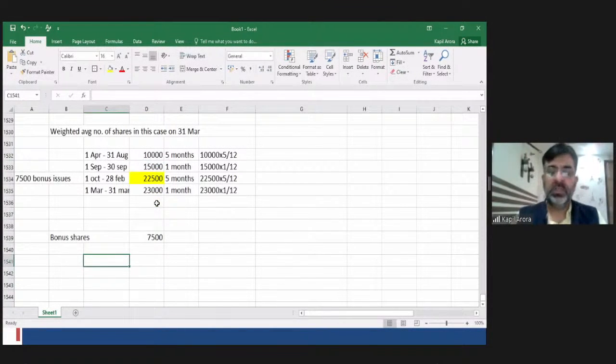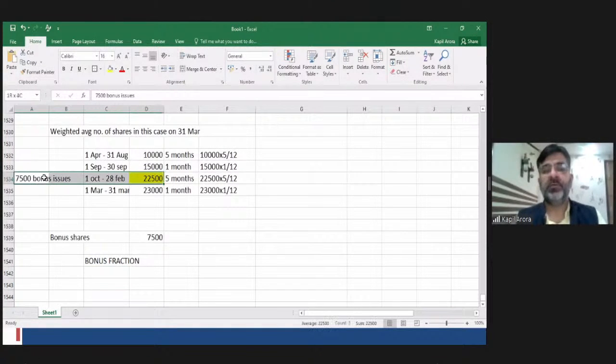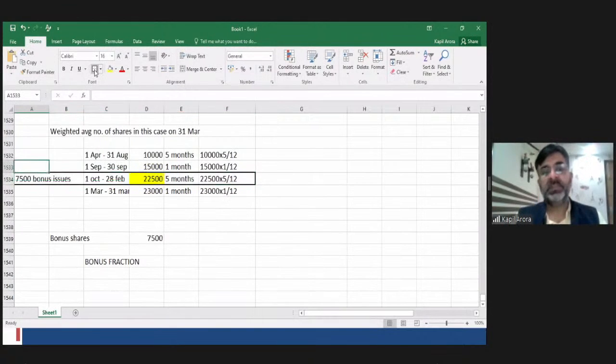So that is the reason to give them the impact of the bonus issue. We find out the bonus element, which we also call the bonus fraction. We need to multiply the bonus fraction with all the calculations before this issue. So in these two calculations, 1 and 2, we will multiply the bonus fraction. Now, what is the bonus fraction here?